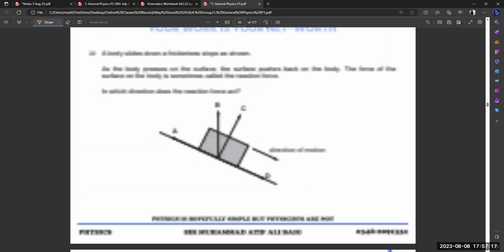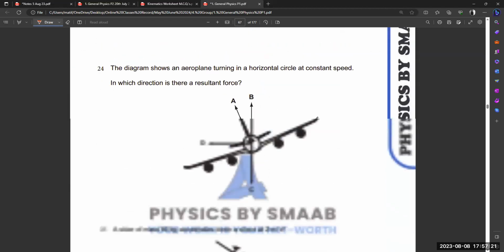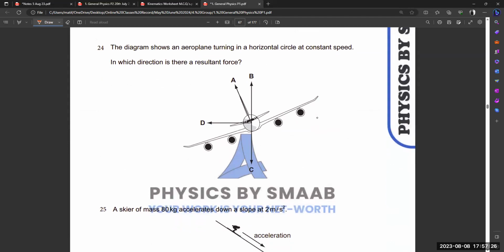And if you have other questions, most of these follow the same pattern. Now, an airplane is moving in a circular path with a constant speed. In which direction is the resultant force?